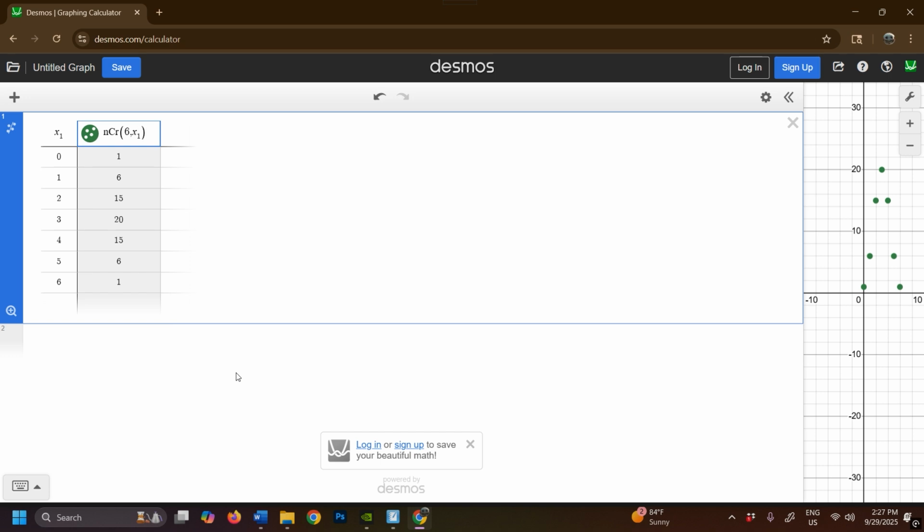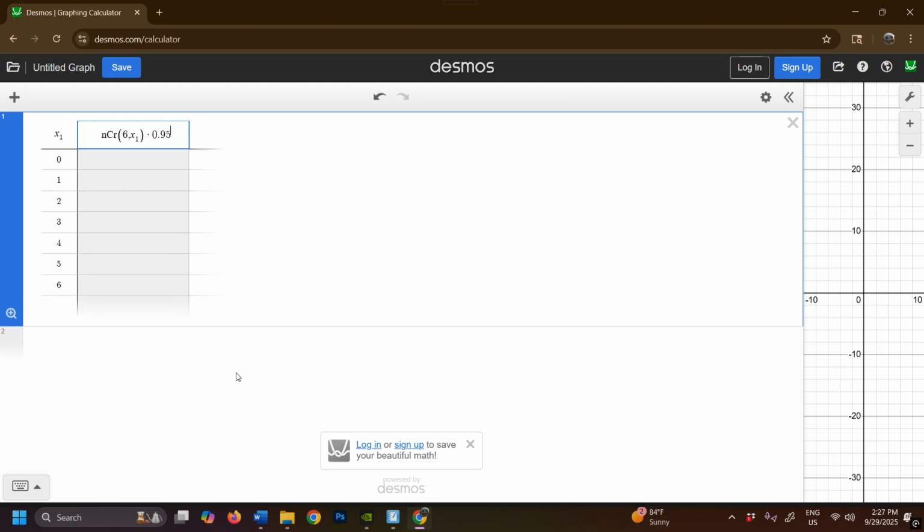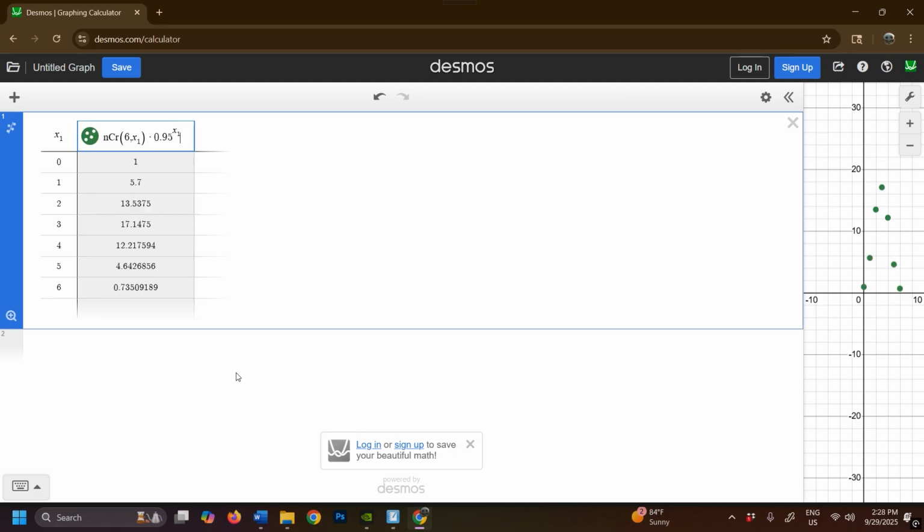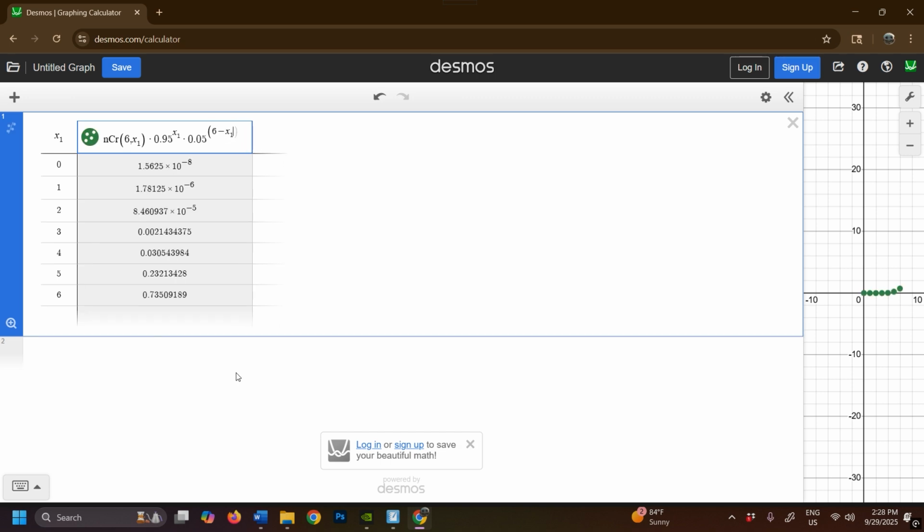Now we want to multiply that by 0.95, and we want to raise that to the x1, and then we want to go times 0.05 raised to the difference of the two values. So we want to go parentheses. In this case, n was 6, so we're going to go 6 minus x1.